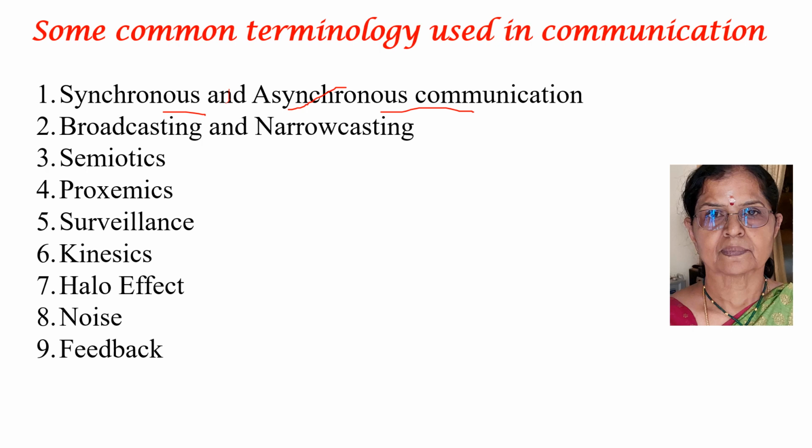And noise. We have discussed this term earlier. Noise means some unnecessary data or unnecessary information in the message. Something not needed. And it spoils the communication. It distracts the communication. And feedback is a very important component of the communication process. It makes the communication process two-way. So it conveys to the sender whether the receiver has inferred the right meaning from the message.